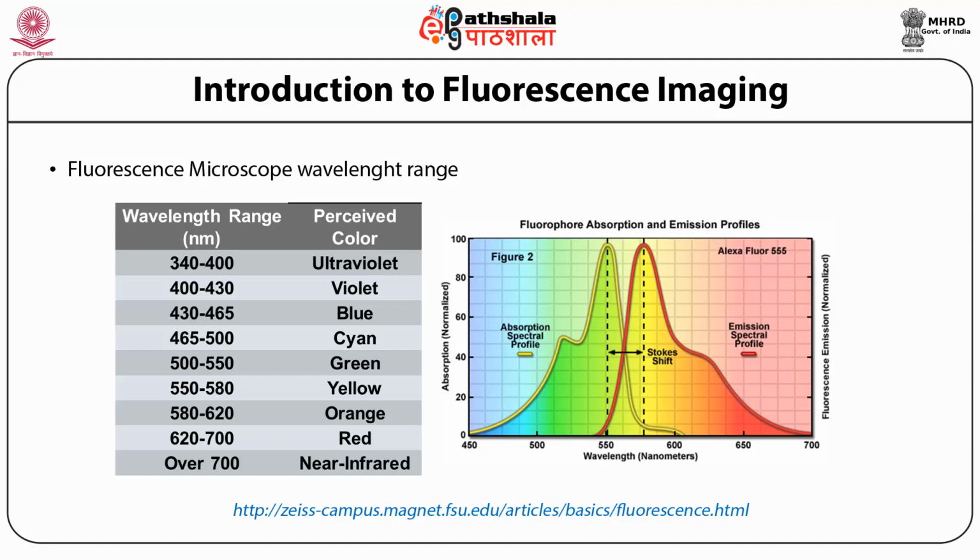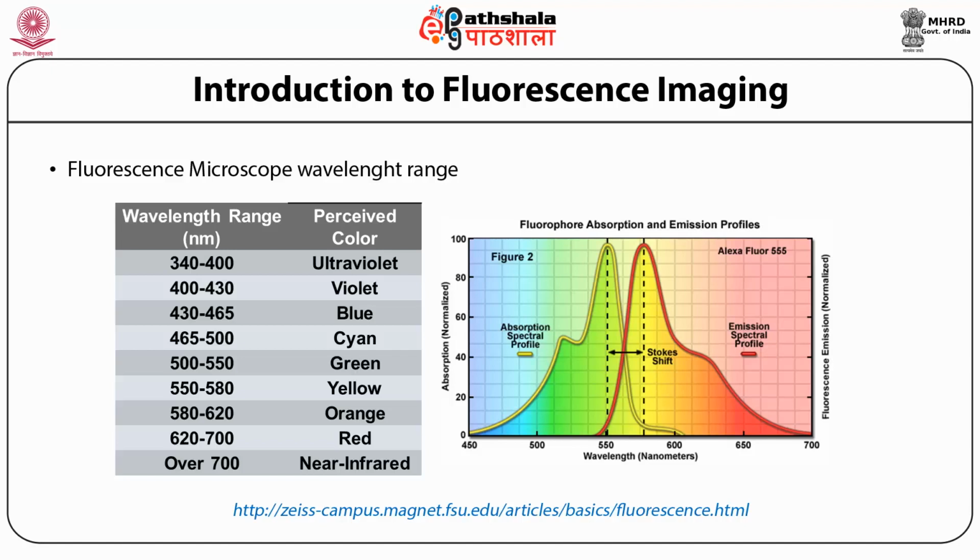And here is the example of the emission and excitation spectra of a fluorophore. In this case it is Alexa 555 that we are representing. So the very first peak you see represents the absorption spectra profile, which is shown with the yellow line.